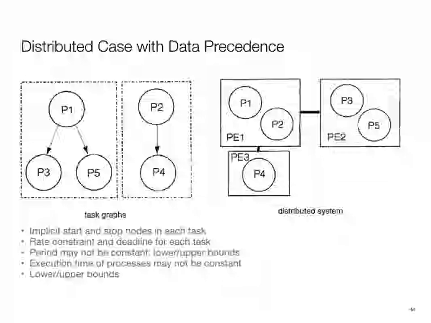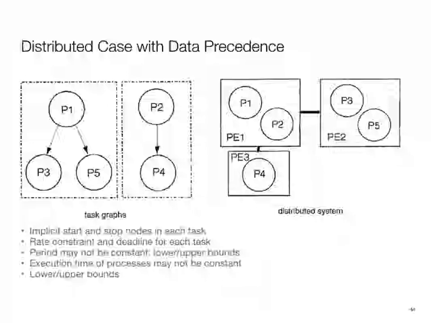Okay, so I will also have deadlines on these. Usually once you are given the task graph, your deadlines would be from the initial event that triggered P1 to when P3 and P5 ought to finish. And likewise, when the initial event triggered P2, P4 has to do some action.